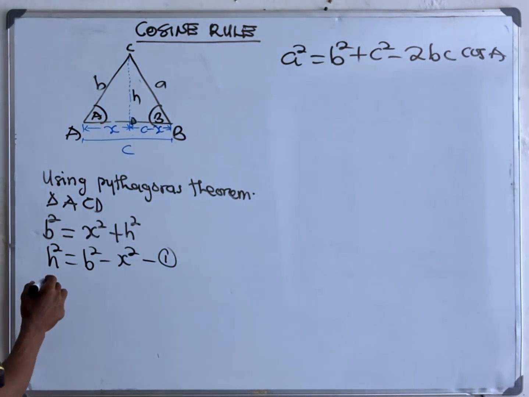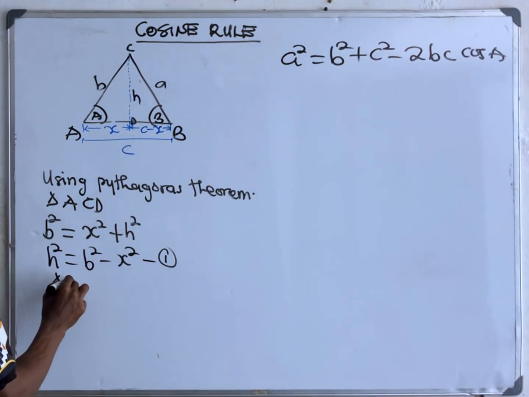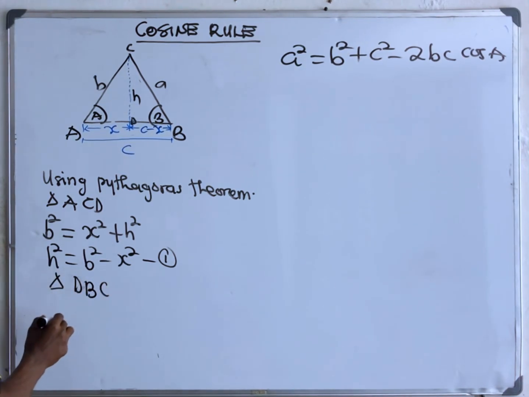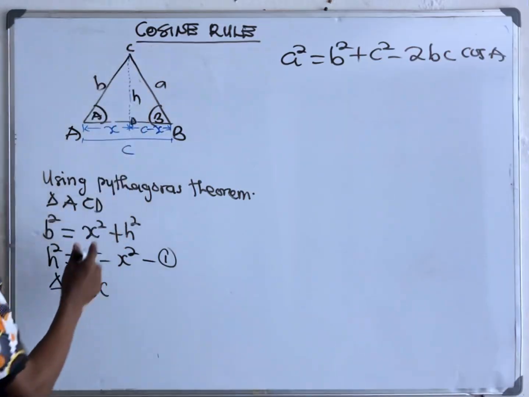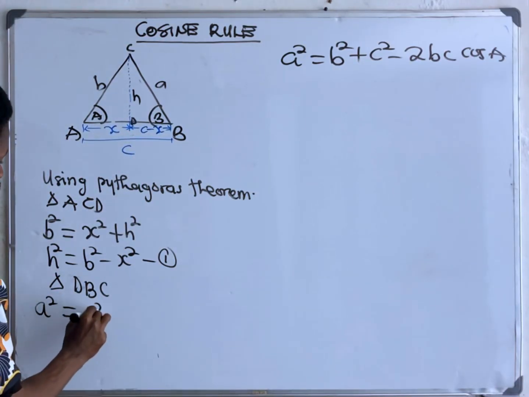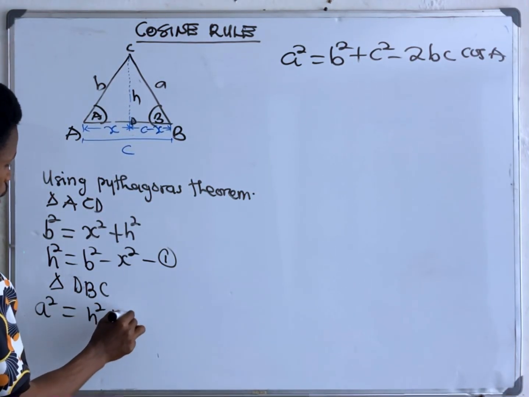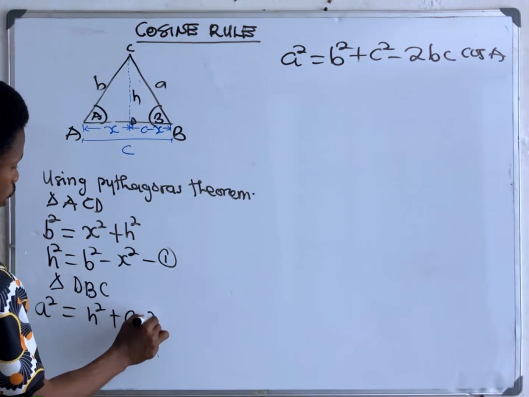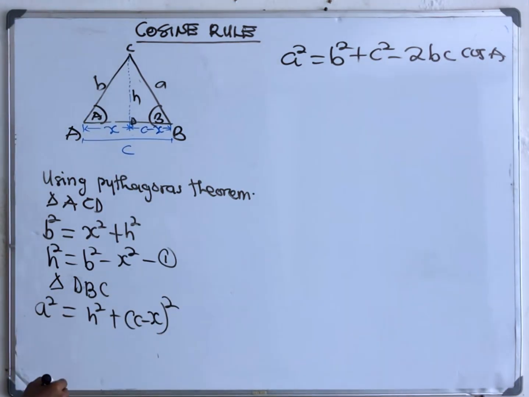Let's also consider triangle DBC. What do we have? We have a squared equals h squared plus (c minus x) squared. Is that okay?